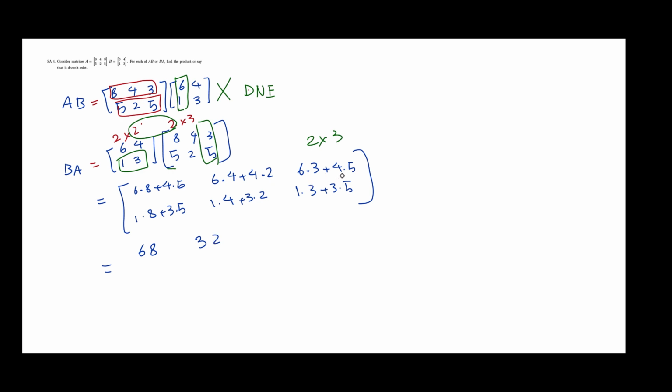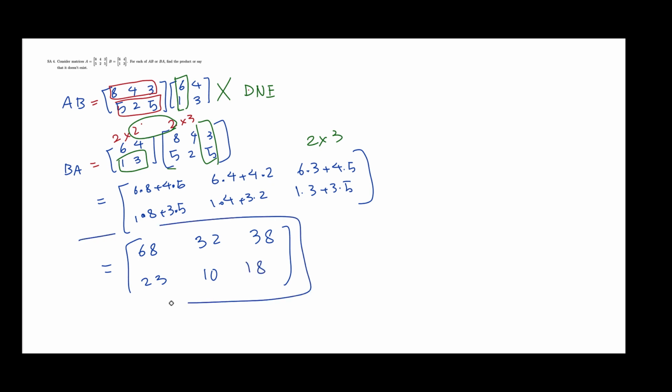Here again, 20 plus 18, that's 38. 1 times 8 plus 3 times 5, 15 plus 8 is going to be 23. 4 plus 6 is 10. 3 plus 15 is 18. And this is the resulting matrix that you get.